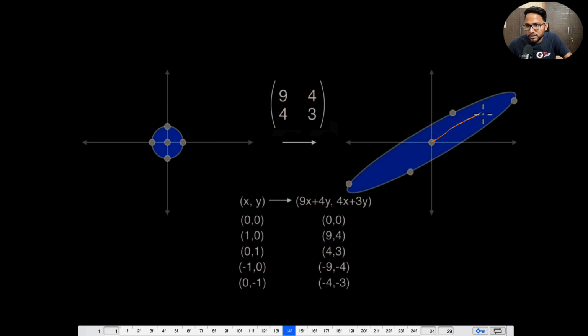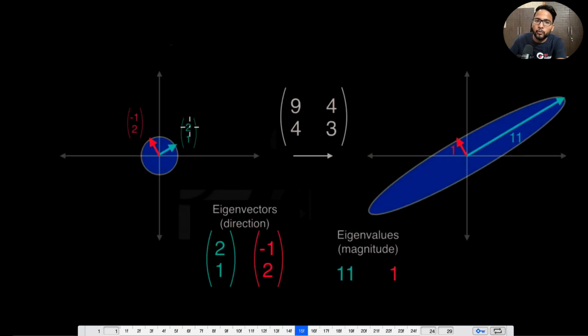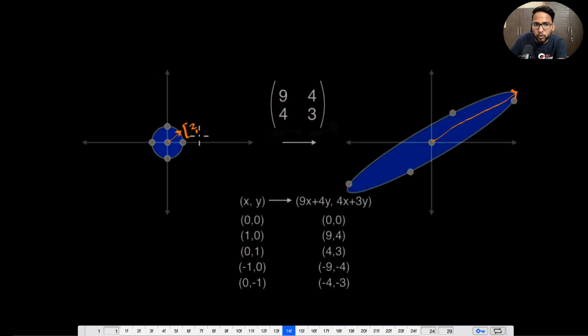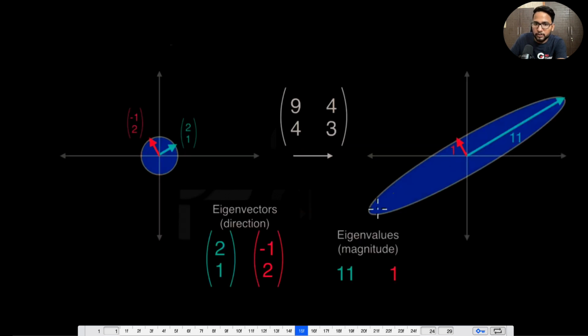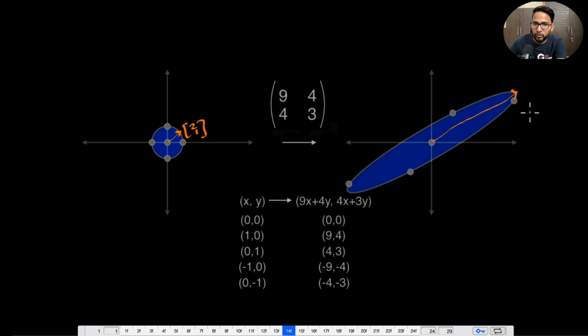If you just see this axis of this ellipse, this vector earlier was this one, which used to be 2 1. Okay, so this is 2 1. If you multiply 2 1 by that, then you are getting 22 11, which means 11 into 2 1.